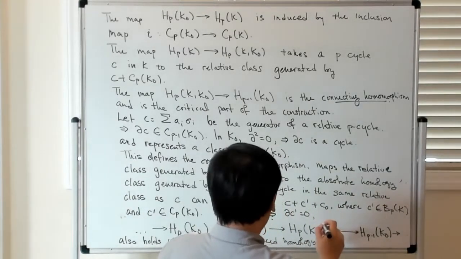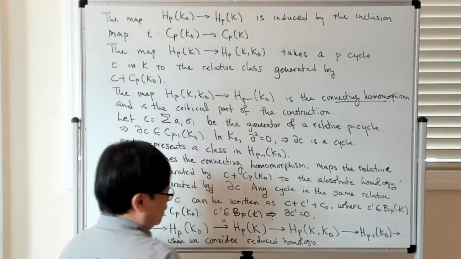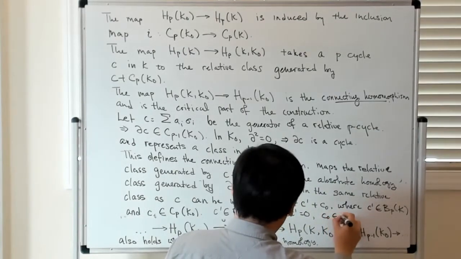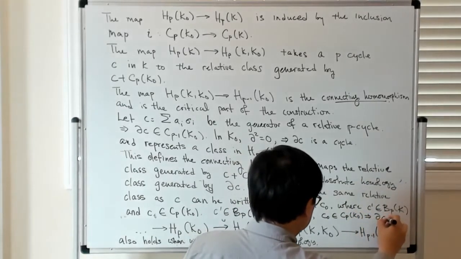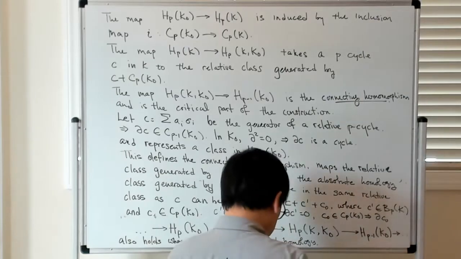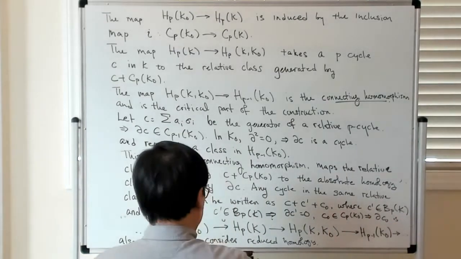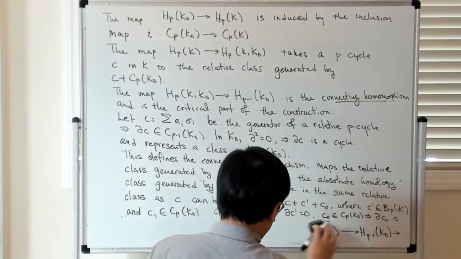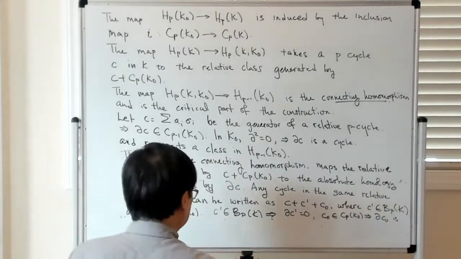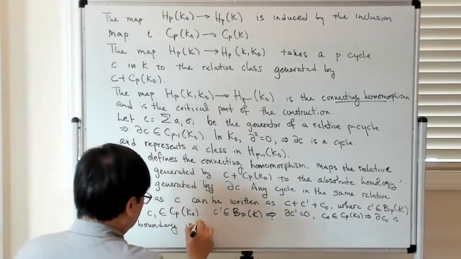And the second thing is now C in K0. Sorry, let's call that C0, I'm sorry, it's not C prime. We know that C0 is in C_p(K0), which means that the boundary of C0 is a boundary in K0.